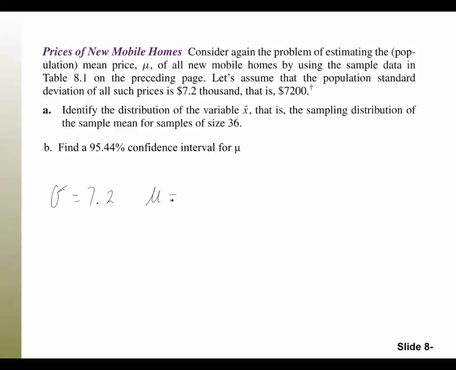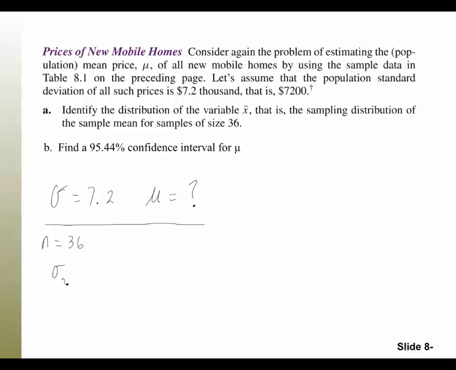Do we know what the population mean is? Have they given us the population mean here? No, we don't know what the population mean is. But they've given us what they believe the population standard deviation is. So then we're going to look at samples of size 36, n equals 36.